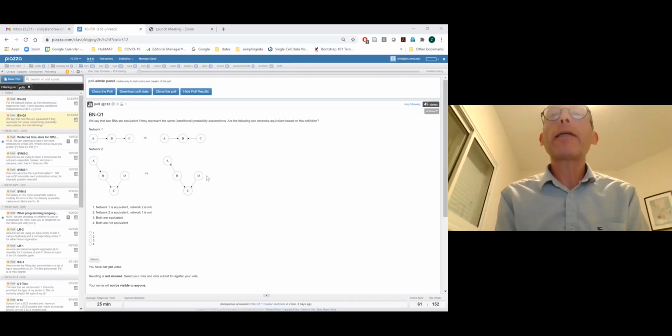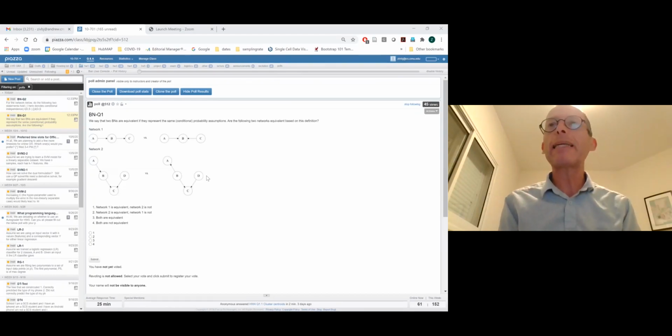Okay, so let's start with the first question I asked you. I presented two Bayesian networks and I asked you whether they are equivalent. Equivalent means that these networks have the same assumptions. There are different ways to show equivalence. One is that they represent the same conditional independencies, but the question is how do you show it?